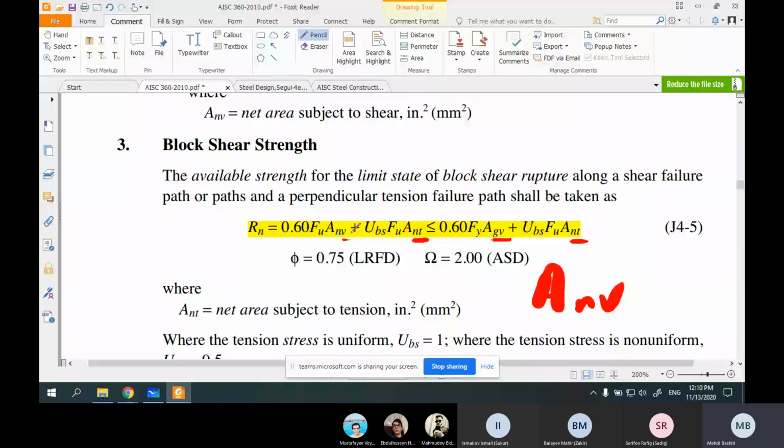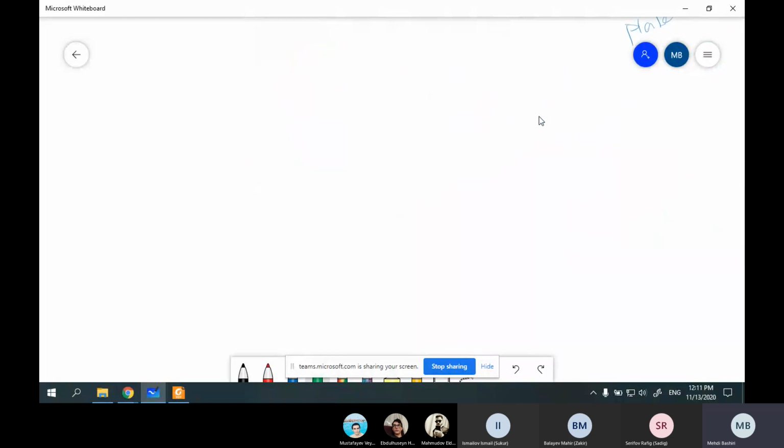One of them is Anv, the other one is Ant, and Agv and Ant. Ant is net area subjected to tension, but Anv is net area subjected to shear. Agv is gross area subjected to shear, and that's it. Now let's see what these areas are.